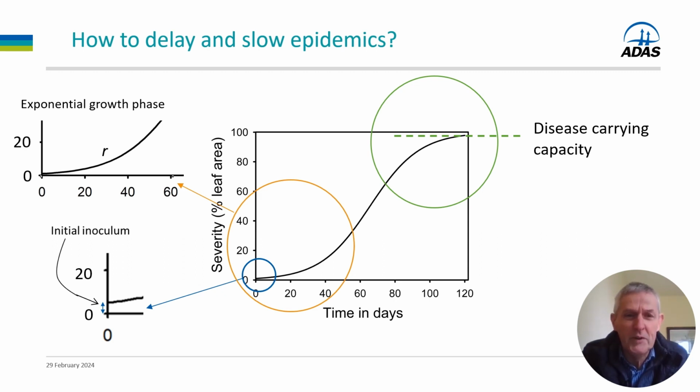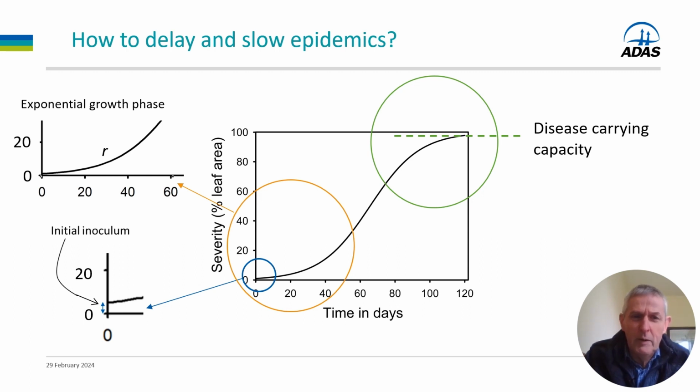So more and more of the spores it produces are landing on previously infected leaf area, and that slows the epidemic down. But that's really no help to us because we can't allow the epidemic to get anywhere near the kind of level at which that starts to slow things down. But there may be other things we can do to affect the carrying capacity, and we'll come to those in a moment.